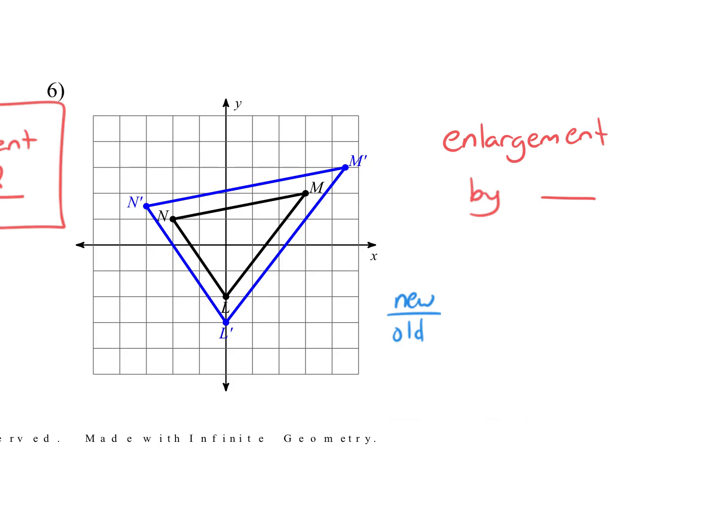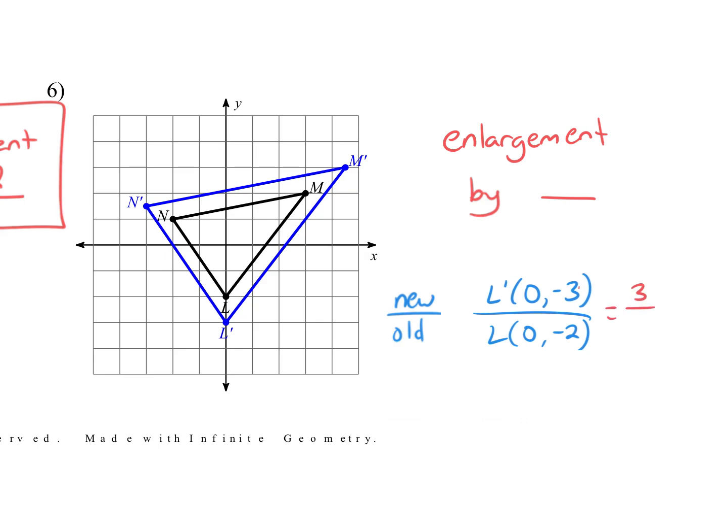L. Okay, so L prime, what are L prime's coordinates? 0, negative 3, right? What about original L? 0, negative 2. Does it help to take 0 divided by 0? No. What about negative 3 divided by negative 2?